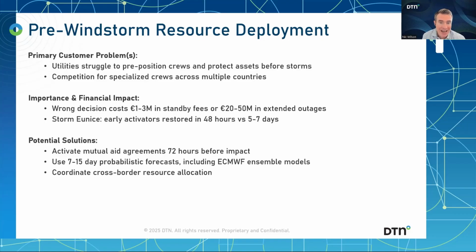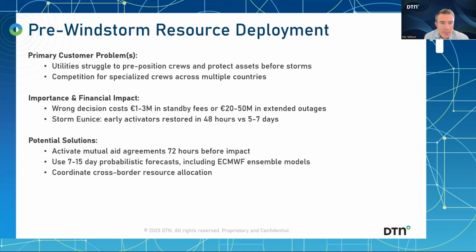This is the operational reality. When a major windstorm threatens multiple countries, the DSO that makes activation decisions at 72 hours ahead is going to get the crews. There's really fierce competition when multiple countries are expected to be impacted.